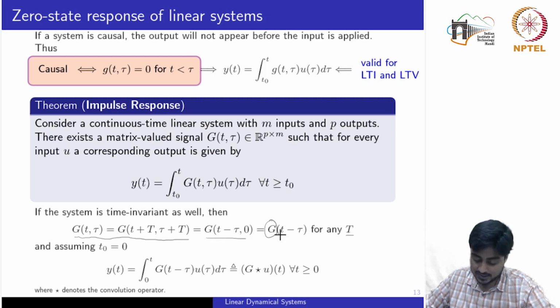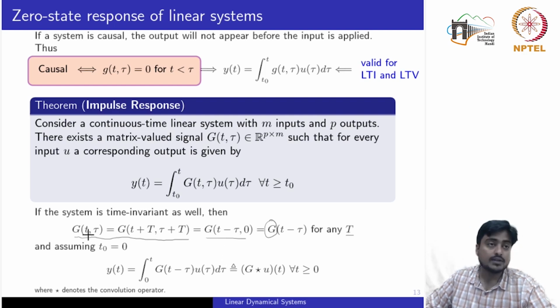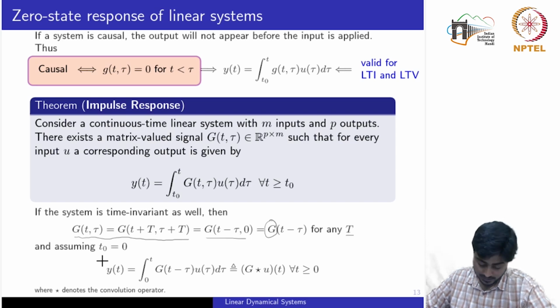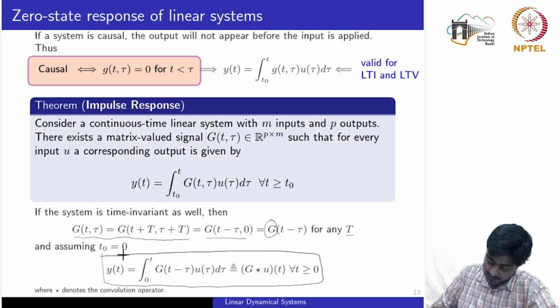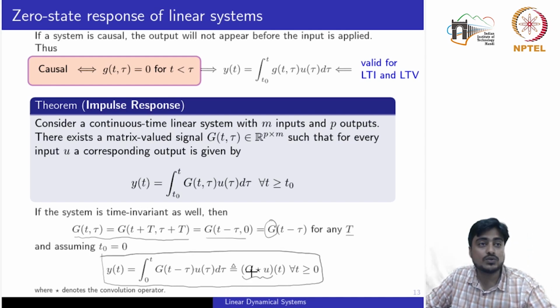So we can define capital G as a function of t minus tau for any capital T. The important point to note here is that when we are dealing with a time invariant system, we do not need two different arguments of the function capital G. Assuming that t0 is equal to 0, we define the output y of t by this equation, and the second equation denotes the convolution between capital G and the input signal u for all time t greater than or equal to 0, where the star denotes the convolution operator. Both representations are valid, and we can use either of them.